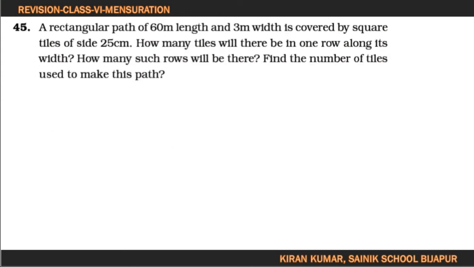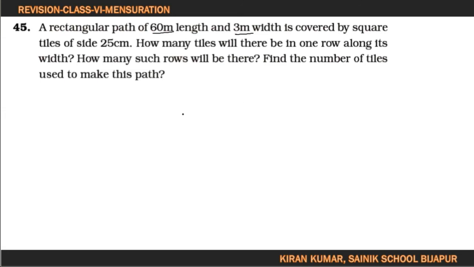Question number 45. A rectangular path of 60 meter length and 3 meter wide is covered by square tiles of side 25 centimeter. How many tiles will be in one row along its width? How many such rows will be there?